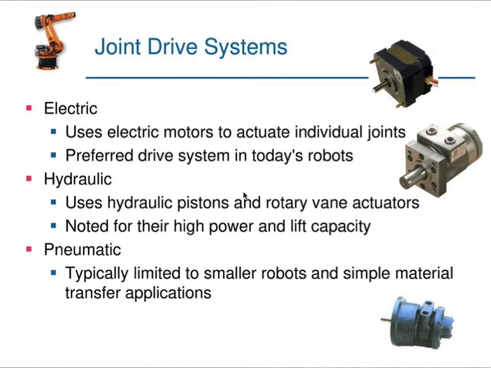Electric motors do not match the physical strength or speed of the hydraulic unit, but their accuracy and repeatability are generally better. Less floor space is required due to the absence of the hydraulic power unit, isn't it?